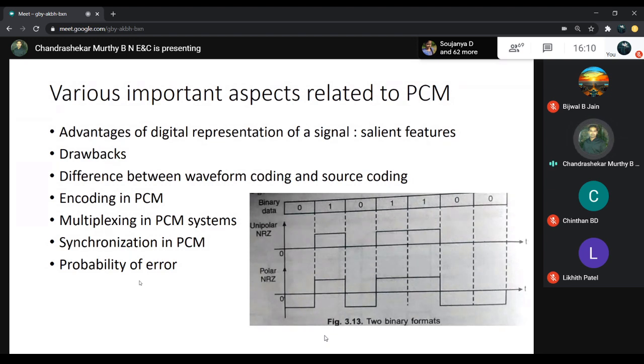E max is the peak signal energy, and N naught is the noise spectral density. The peak signal energy is P max multiplied by TB, where P max is the maximum peak and TB is the bit duration. Using that, we calculate the probability of error of the pulse code modulation signal.